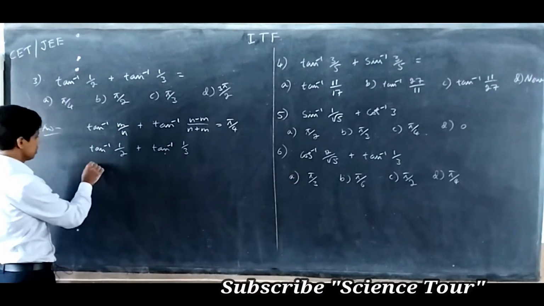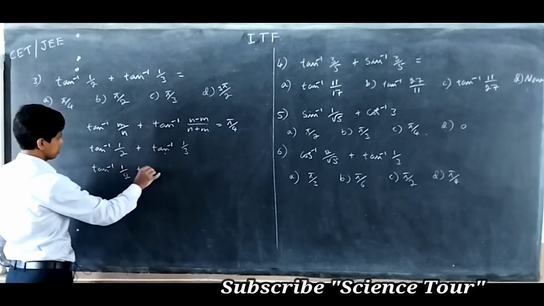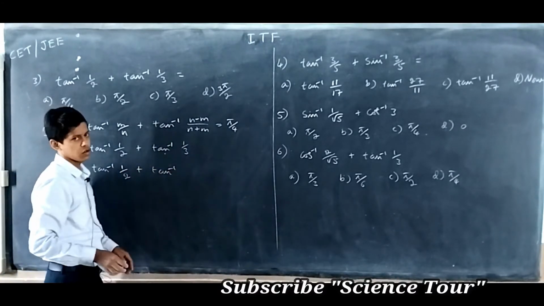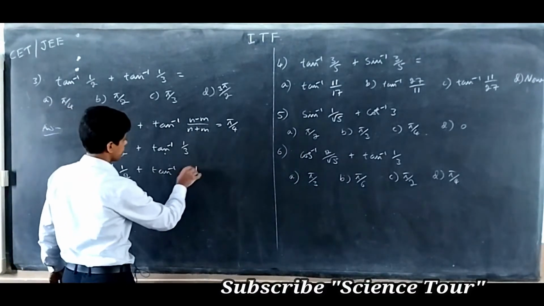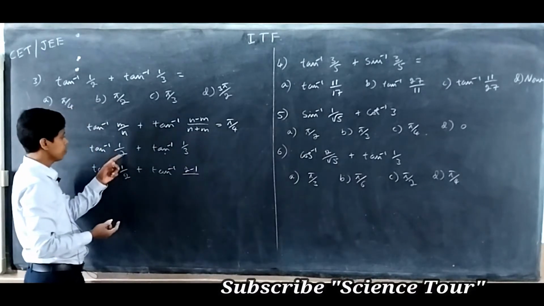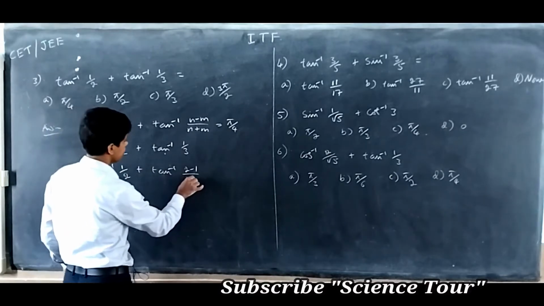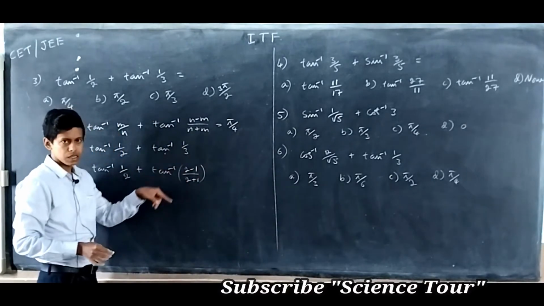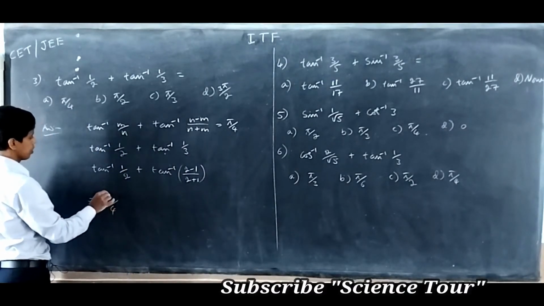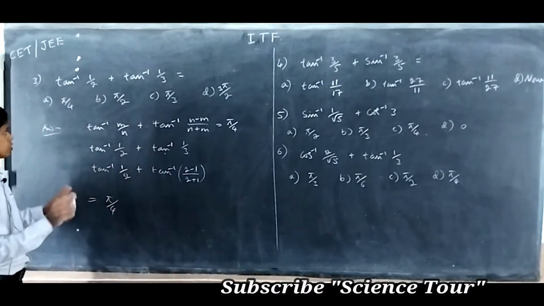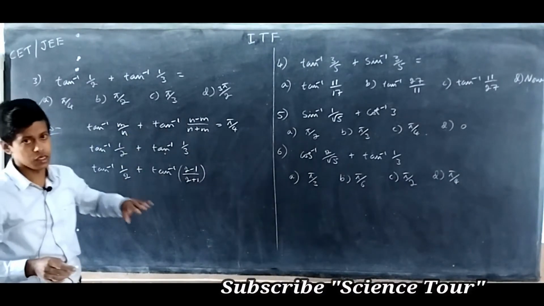So this is tan inverse of 1 by 2 plus tan inverse of n minus m, n minus m means 2 minus 1, that is 1, divided by n plus m, that is 2 plus 1, that is 3. So that is 1 by 3. So it can be written. Therefore, the answer of this is pi by 4. And how did we get it? Using this shortcut method.